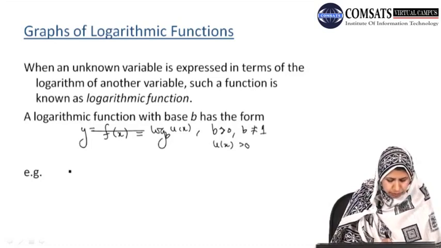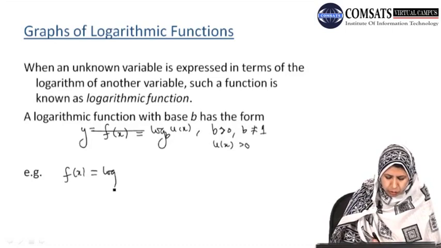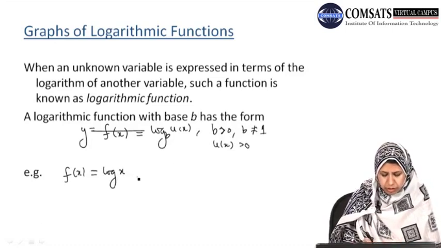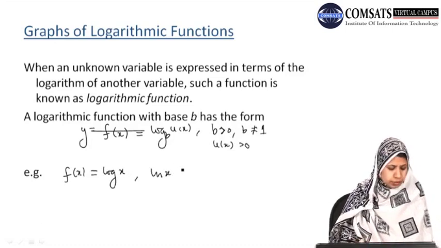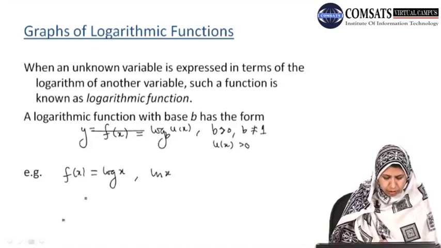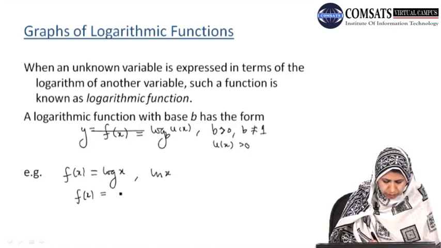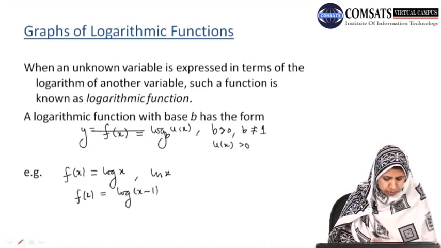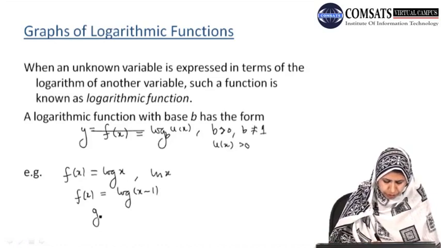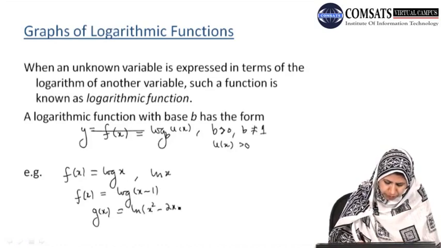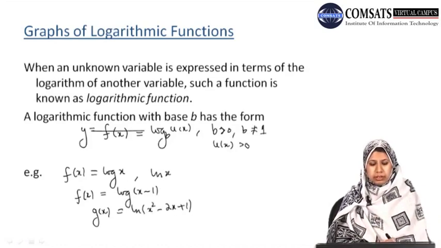For example, our function f of x is log of x to the base 10, or natural log of x to the base e, or f of x is log of x minus 1, or g of x is log of x squared minus 2x plus 1.